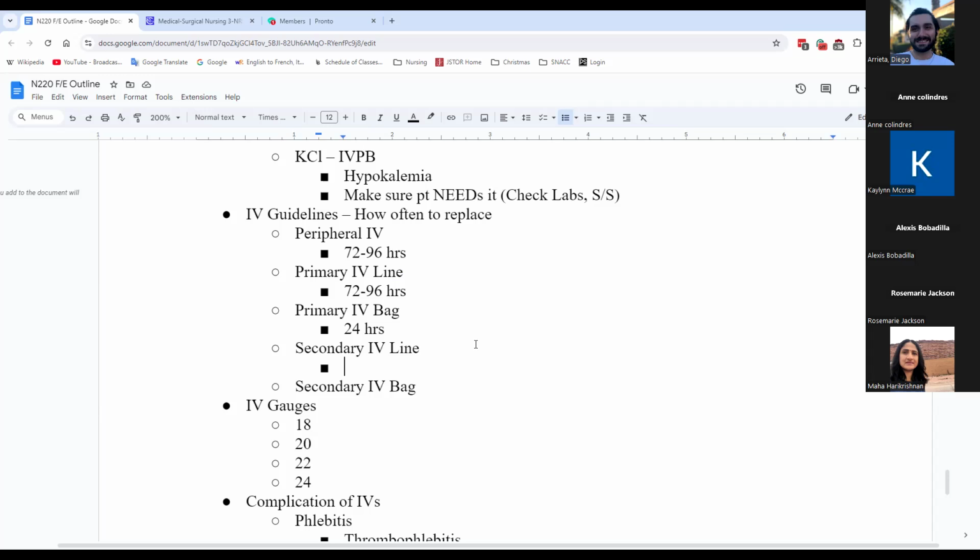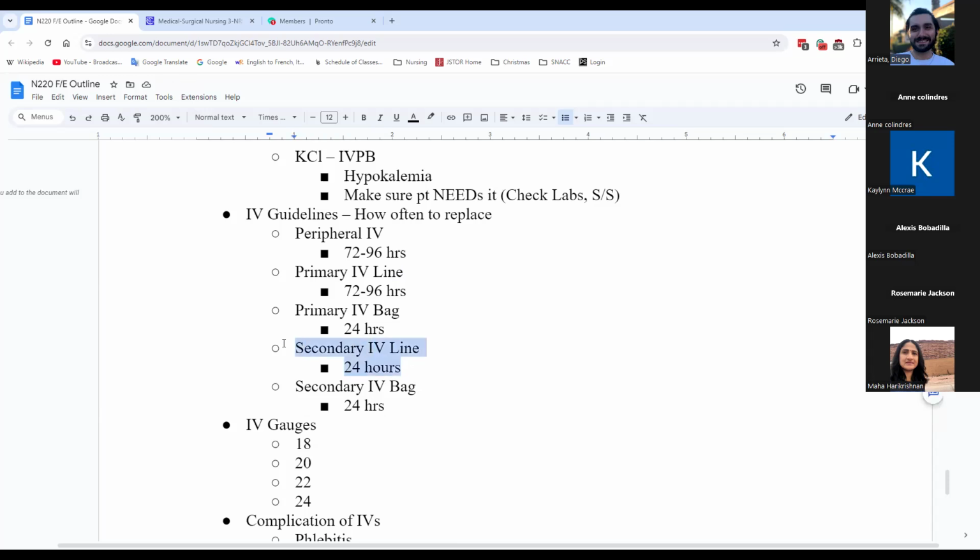So this one, in theory, should be every 24 hours. Yeah, Jennifer, good job. And then the bag should also be, in theory, 24 hours as well.